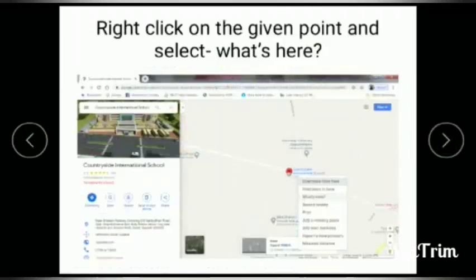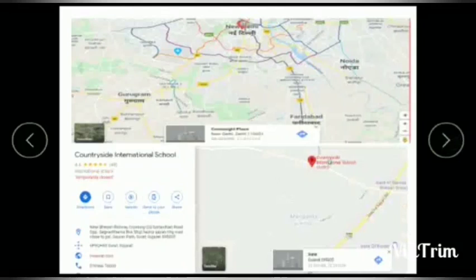Now in the next step, you can just right click on that particular mark and you will get a menu list where you will select What's here. Now when you click on What's here, a window will open and you will find this particular address. Here you can see that there are two numbers given below.